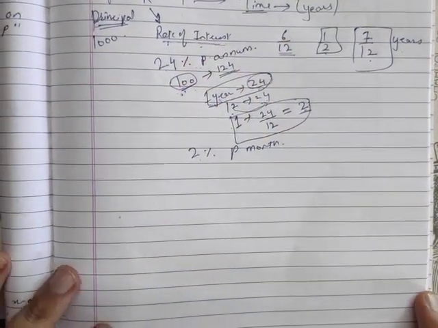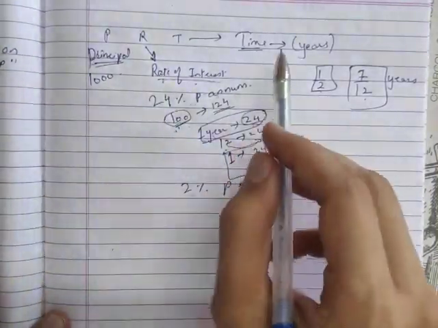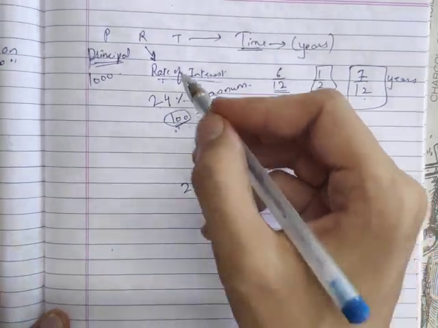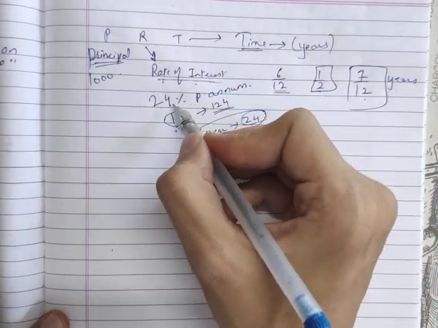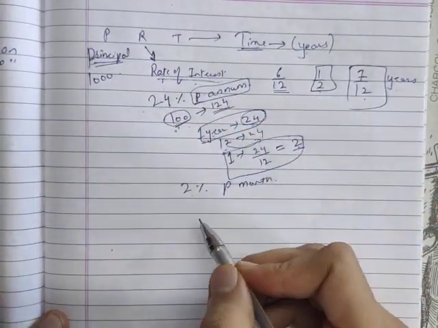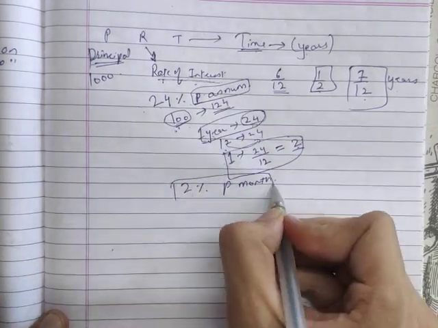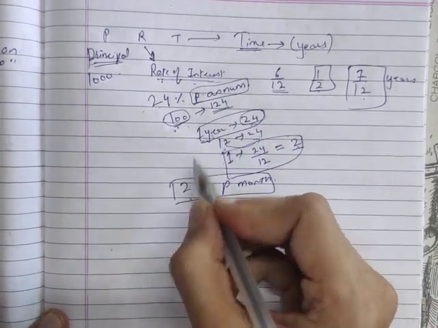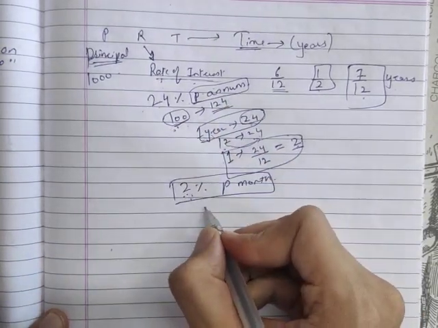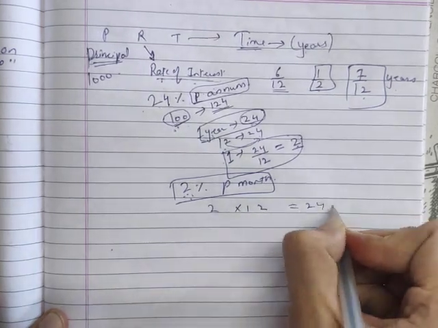Okay, now we introduce three things: principal, rate of interest, and time. Again, I'll say time should be in years, and also try your rate of interest should be per annum. That makes your job easy. So if it is giving you 2% per month, can you convert it into per annum? Yes. If 2% in 1 month, then for 1 year, how much? 12 months. So 2 into 12, that is 24%.